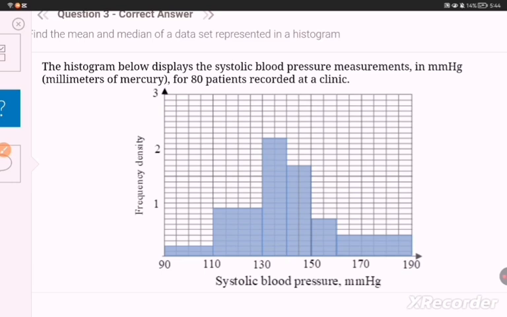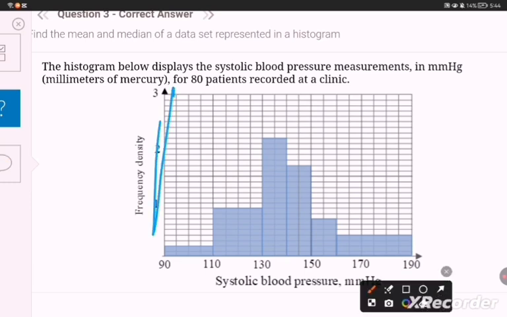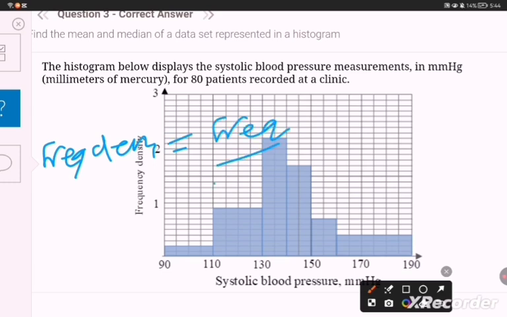Now you do not take these values over here, because these are the frequency densities. You need the frequency. Now, the formula for frequency density, okay, is the frequency over the width. So, to find your frequency, you just take the frequency density, multiply it by the width. Okay?